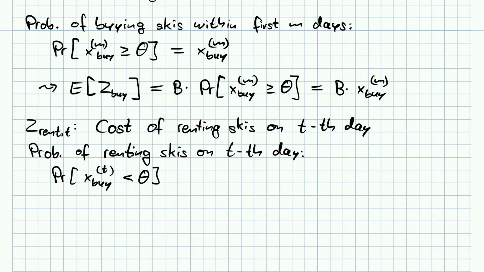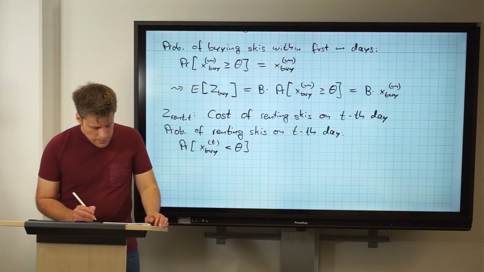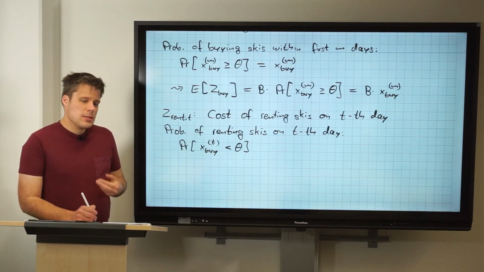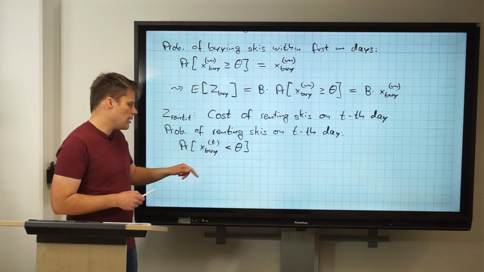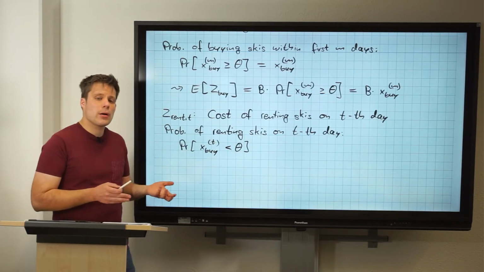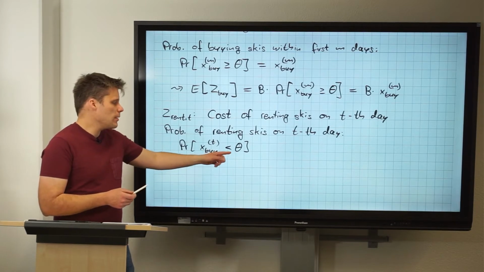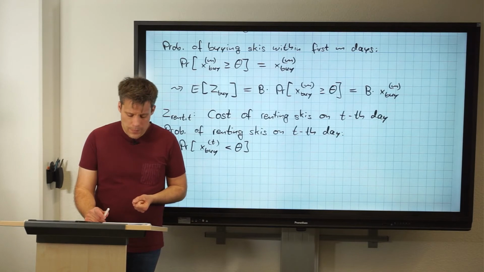Why that? Because otherwise we're buying the skis. So if x buy t is at least theta, then we are buying the skis, or we have already bought the skis. But if we're still below theta, then we are renting the skis.